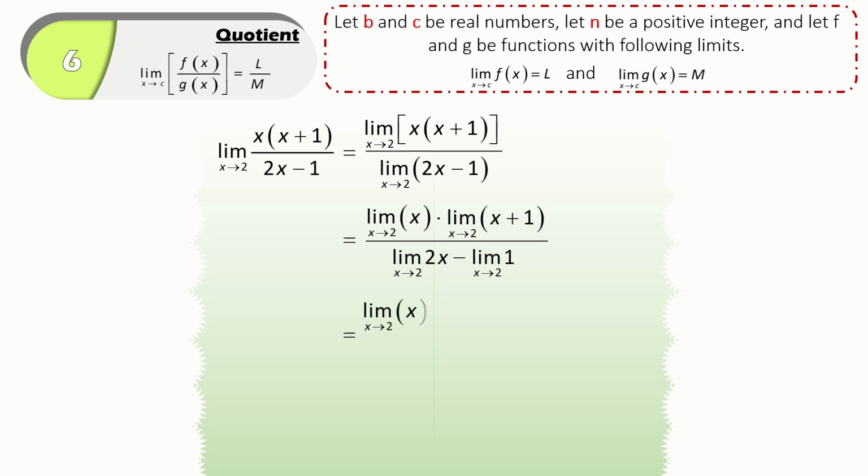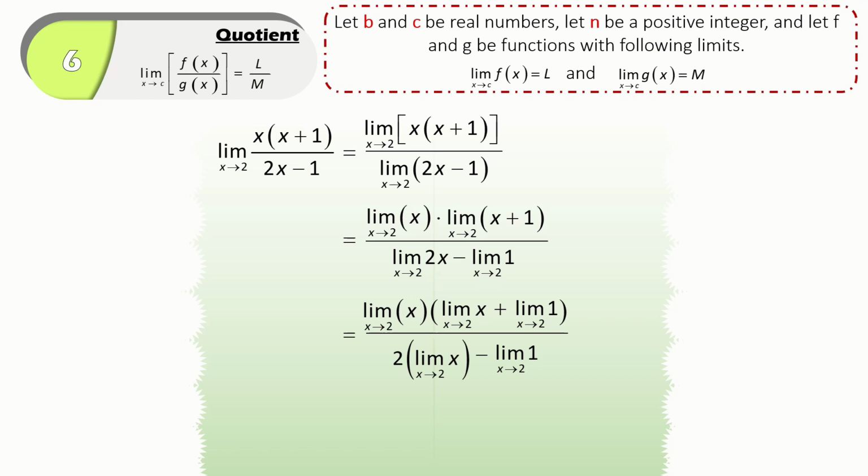The sum of the limit of x as x approaches 2 and the limit of 1 as x approaches 2. Next, apply the scalar property. Factor out 2 in 2x and get the limit of x as x approaches 2 and write the limit of 1 as x approaches 2.